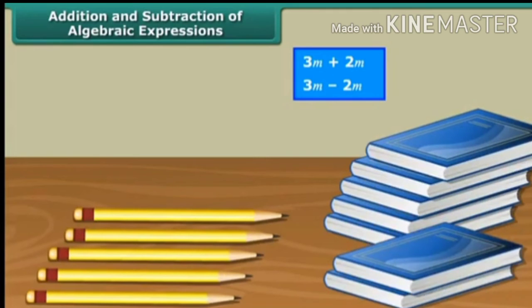Now again, we can't combine these objects since they are different. However, if we remove 1 pencil from 6 pencils, then we are left with 5 pencils, but still we have the 7 books. So it's quite similar with algebra. We can only add or subtract similar objects.